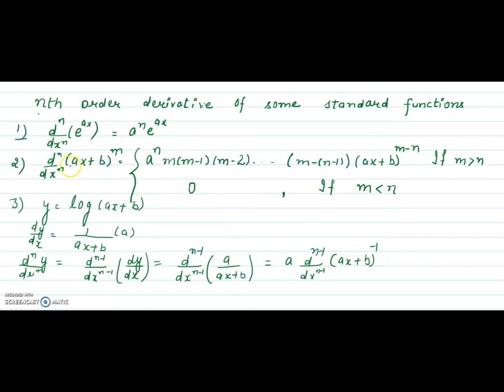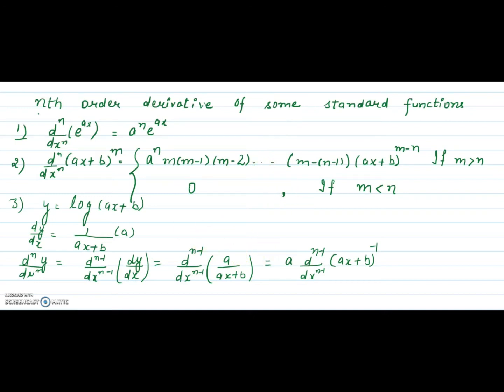We will apply this rule to find n minus 1th order derivative of ax plus b raised to power minus 1. We always apply this rule whenever this m is negative. Only difference is here the formula is of nth order derivative. We will replace n by n minus 1 in this formula, and that will be the formula of n minus 1th order derivative.